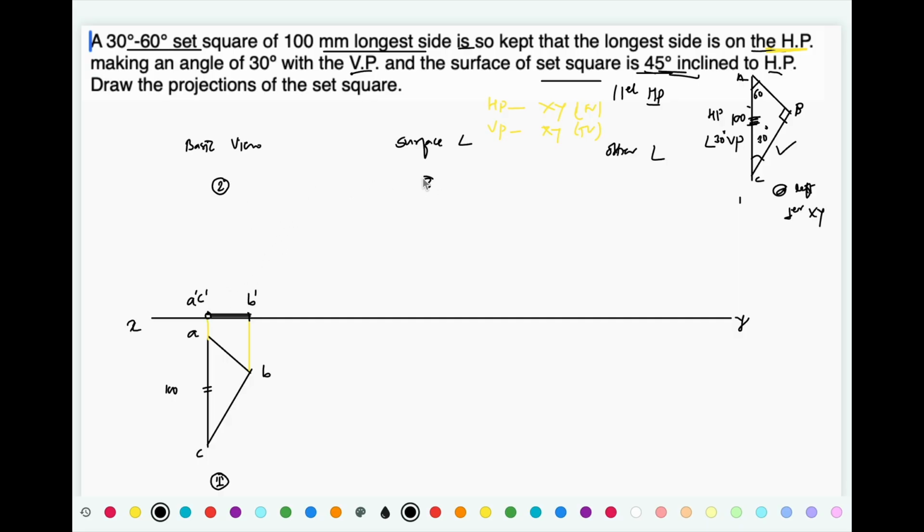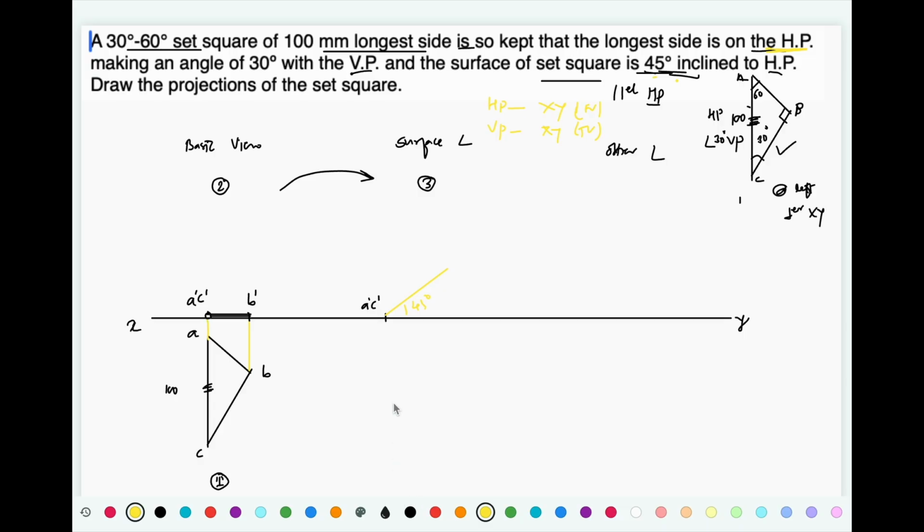Now step number 3. So we are going to rotate the view without changing its dimensions. So at some random distance, first locate A dash, C dash, because that is the resting reference that is to be kept on XY. Draw a line which is inclined at 45 degree, because the surface is inclined at 45 degree with HP.